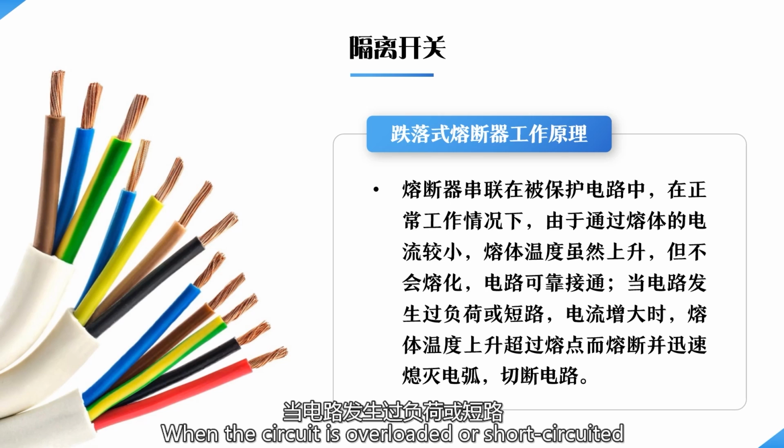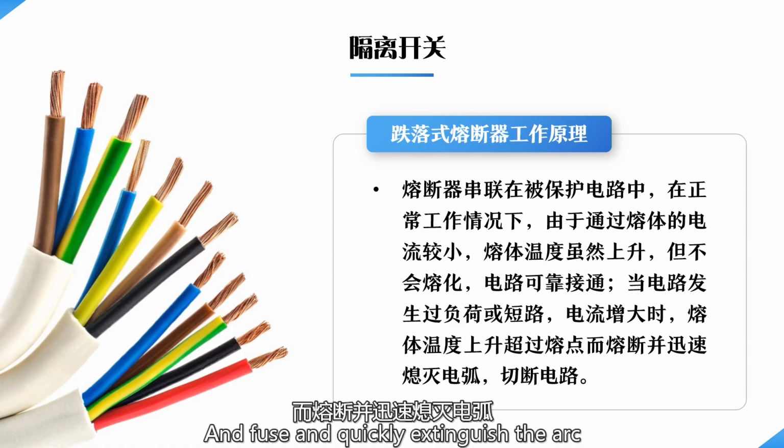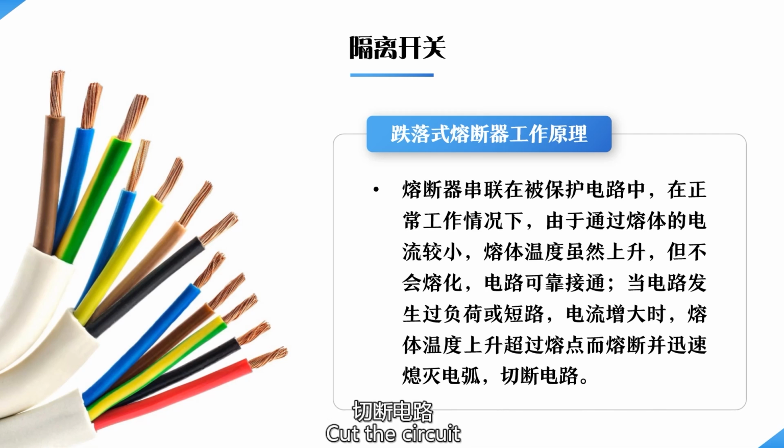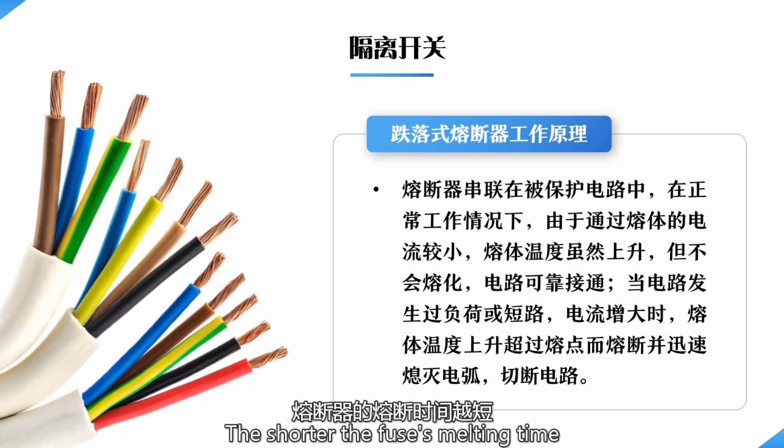When the circuit is overloaded or short-circuited, the current increases, the melt temperature rises above the melting point, and the fuse melts and quickly extinguishes the arc, cutting the circuit. The higher the current flowing through the fuse, the shorter the melting time.